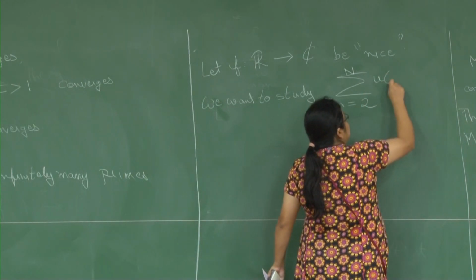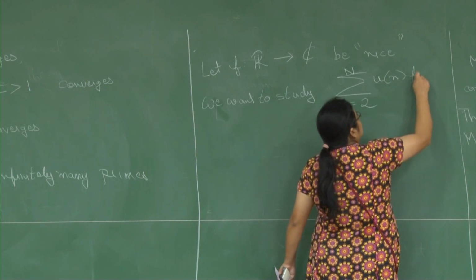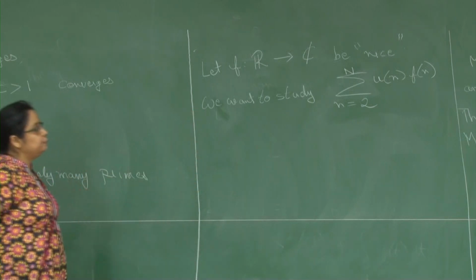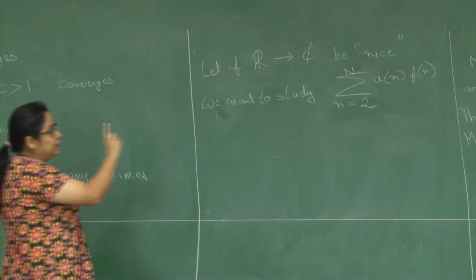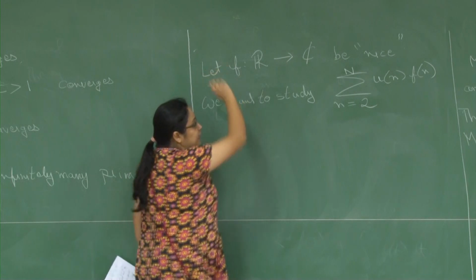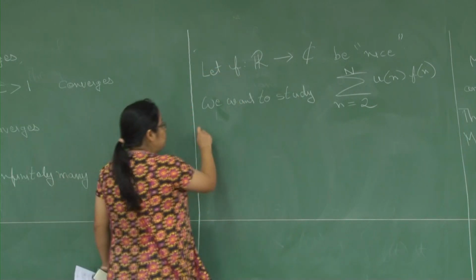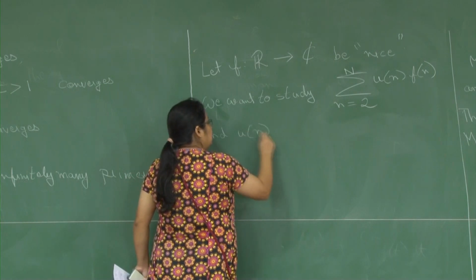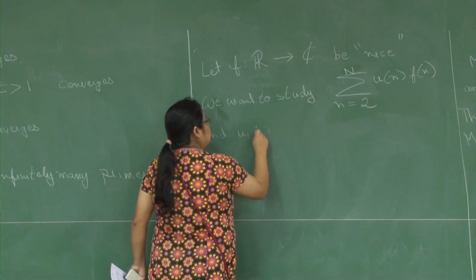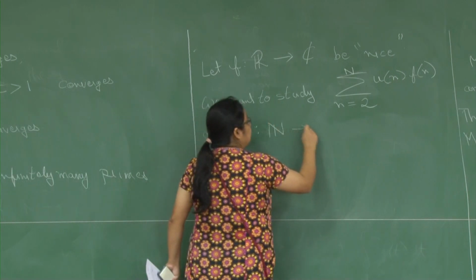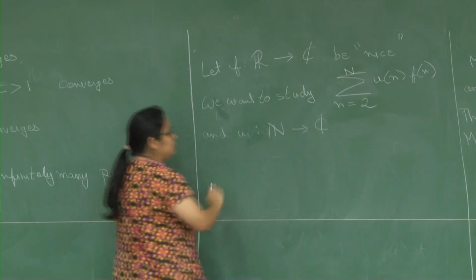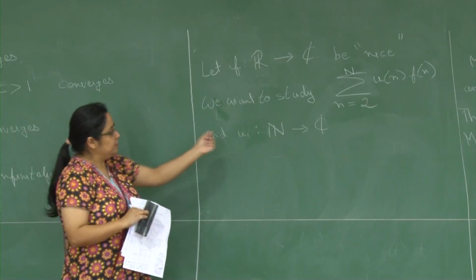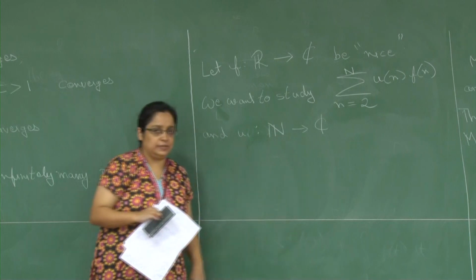I want to study the product of two functions, u of n and f of n, where f is this function which is defined on the real line, and u of n is another arithmetic function which we define in such a way that we know what the values are for natural numbers.